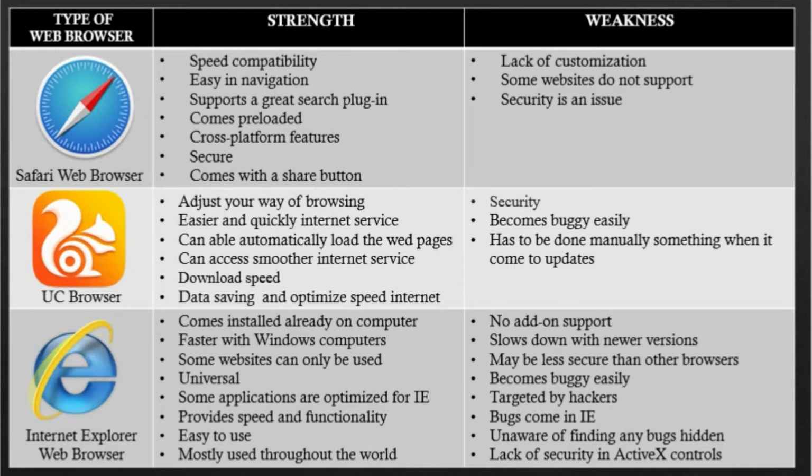For UC browser, strengths: it adjusts to your way of browsing, easier and quicker internet service, can automatically load web pages, smoother internet service, download speed, data saving and optimized internet speed.